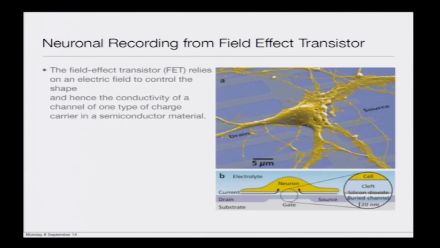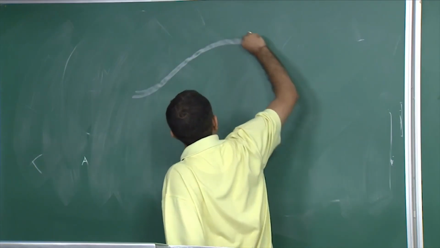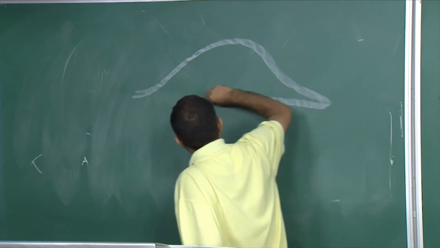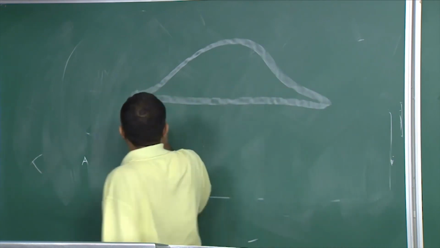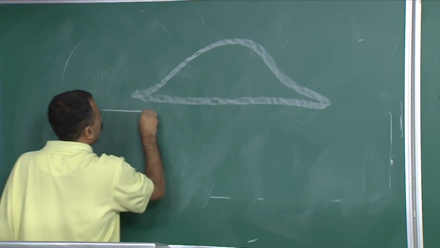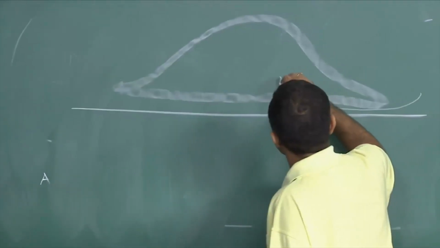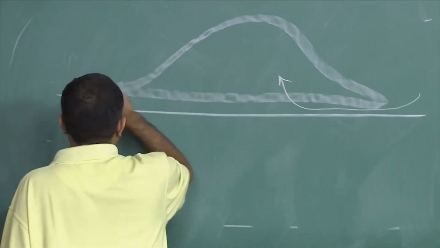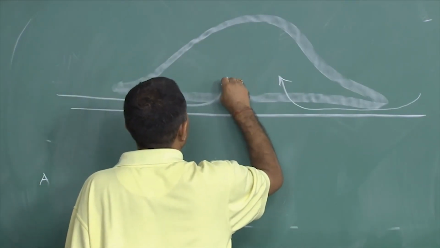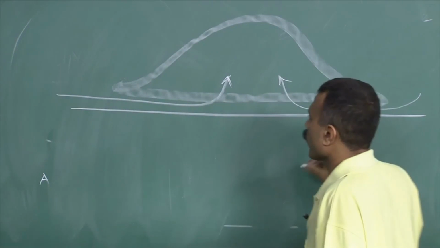Now, here you have the cell sitting. I am just redrawing what is there in your slide, and here you have the electronic device, and here you see this yellow arrow coming through. Now, if you refer to the slide again, you will see that. Okay?